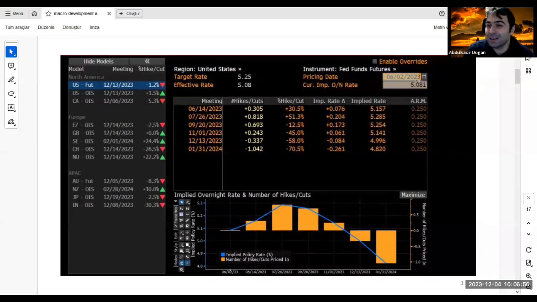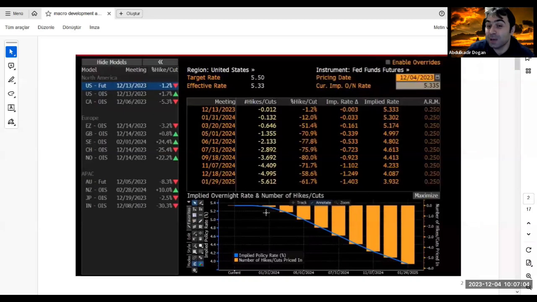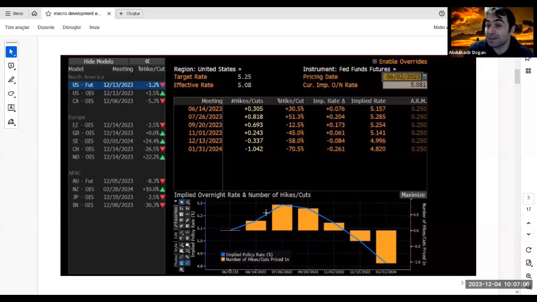Here, as you see, it is June 2, 2023. And the map here is a little bit different. Look at this map and look at this map. This is the same market expectation, but a different perspective.